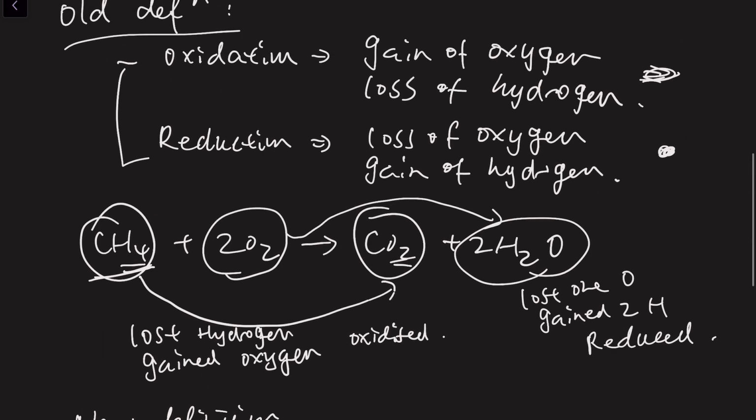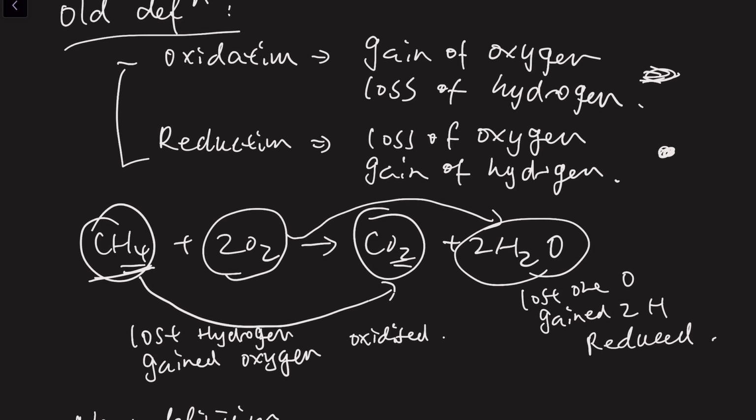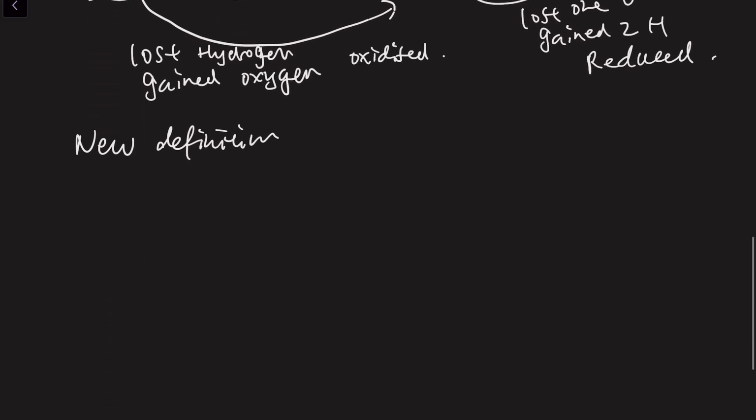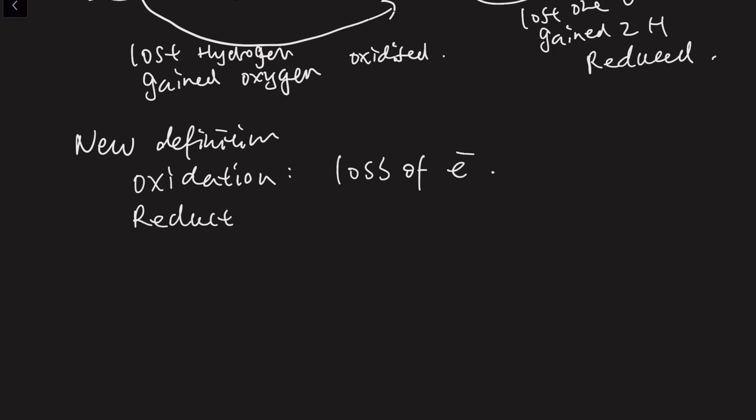So the new definition is about electrons, and this applies in general. So for the old definition, it only applies to a very narrow range of reactions. So the new definition, oxidation is defined as loss of electrons. Reduction is defined as gain of electrons.